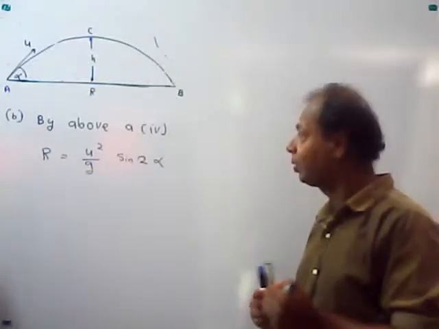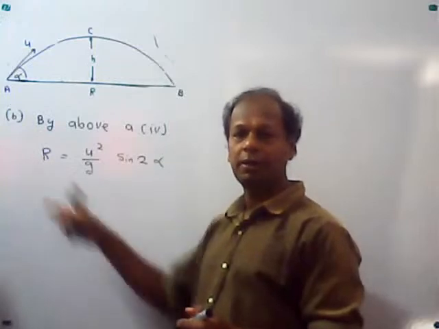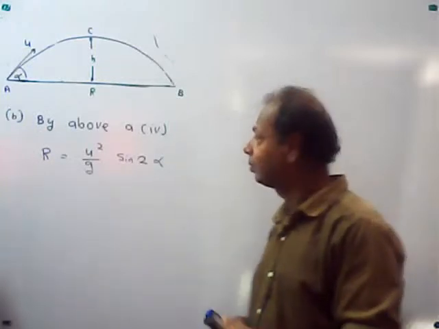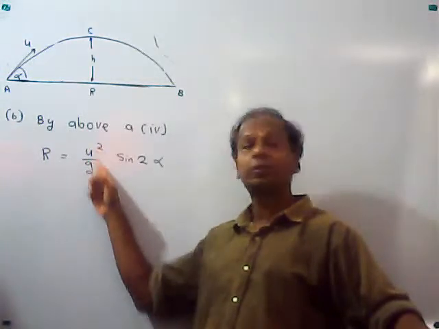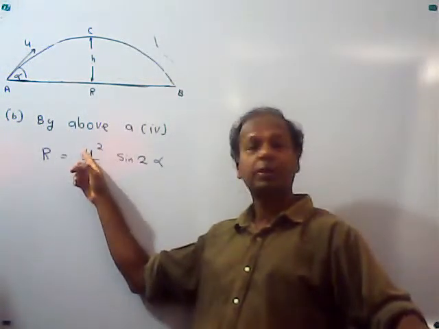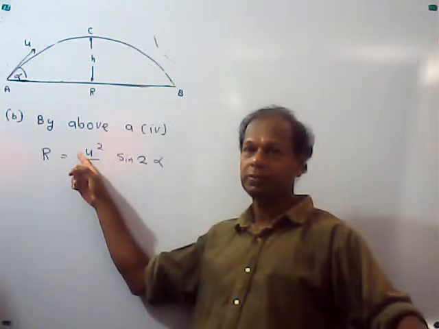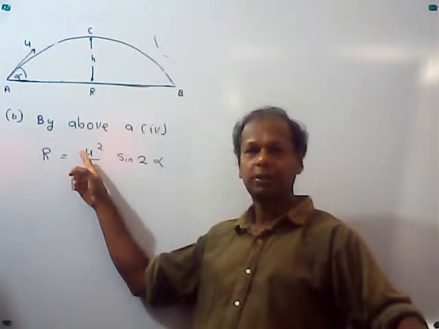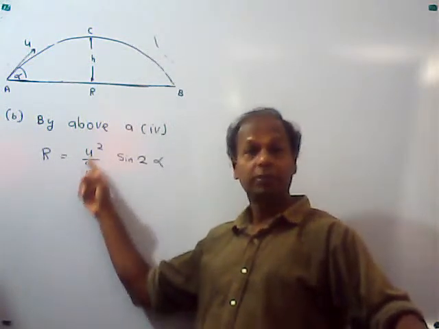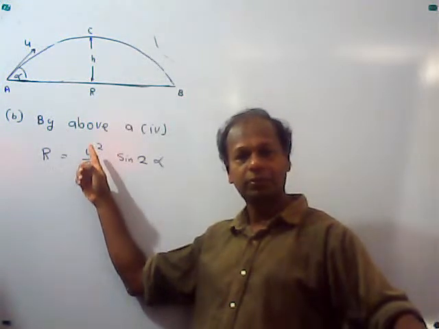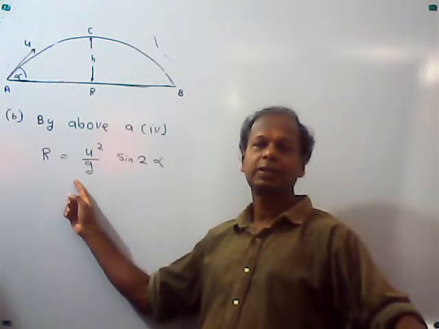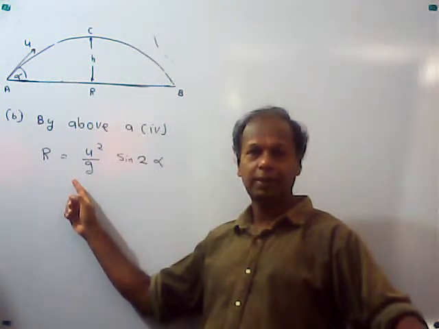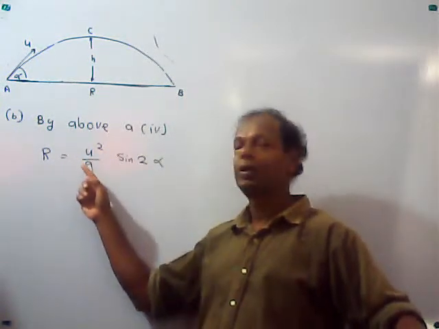Now the question is about the maximum of R. If you look at this, R is equal to this. Here U is some given velocity, so it's constant. U squared is constant. g is the gravitational acceleration, it's invariant, so that is also constant.